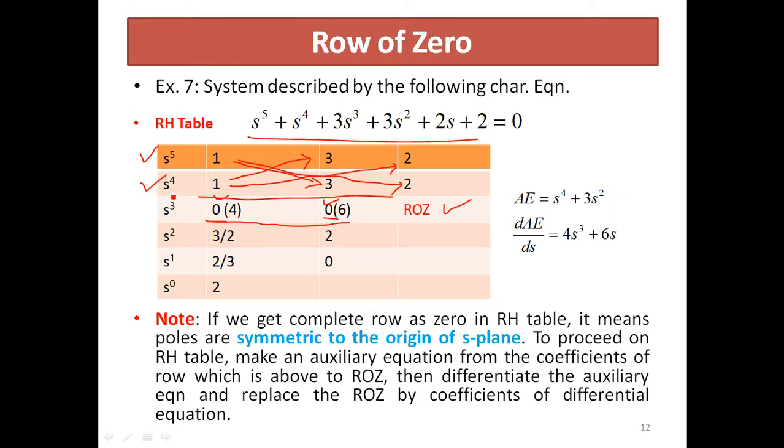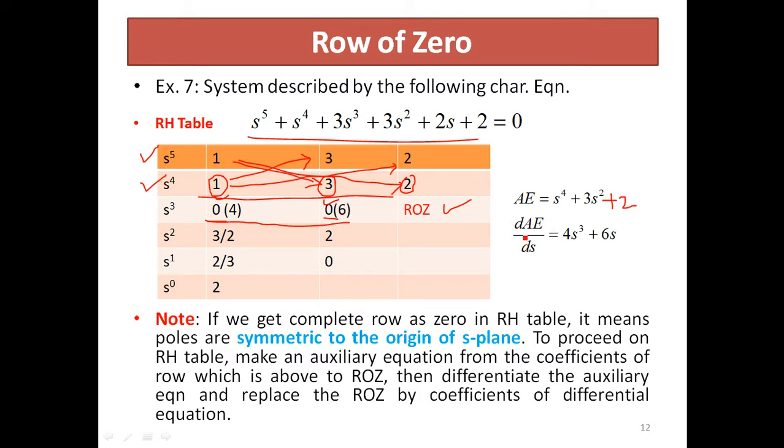So here the auxiliary equation would be 1 into s raised to 4 plus 3 into s raised to 2 plus 2. So s raised to 4 plus 3s squared plus 2.